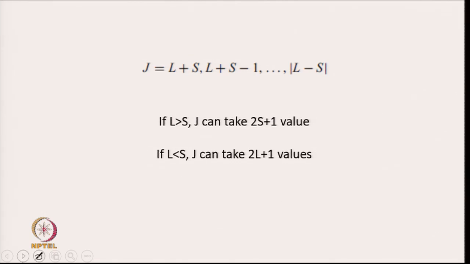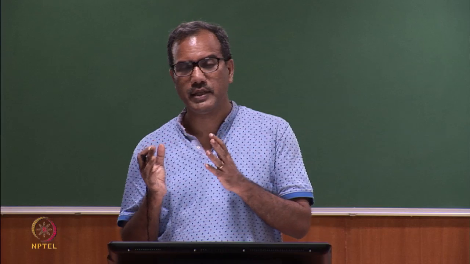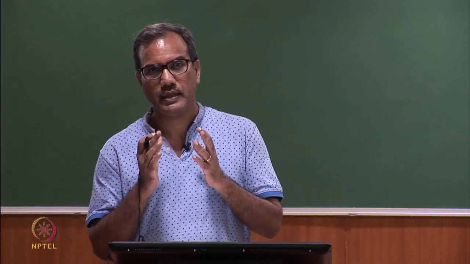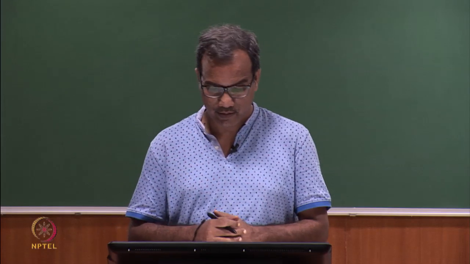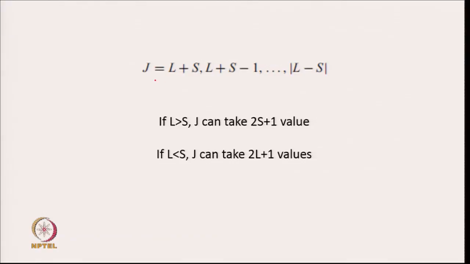Now, we have calculated L, we have calculated S. Now, we will look at LS coupling, which I also discussed in the last class. J is going to have values between L plus S and the mod of L minus S. If L is greater than S, then J can take 2S plus 1 values, and if L is less than S, then J can take 2L plus 1 values.